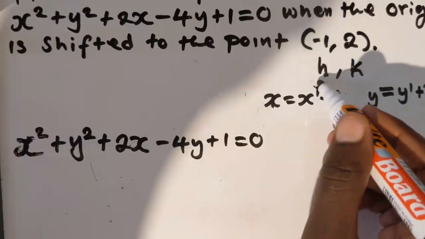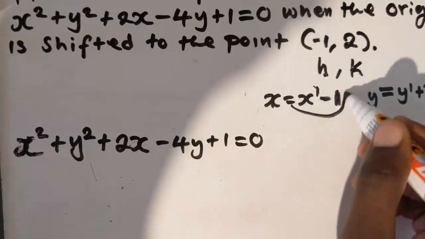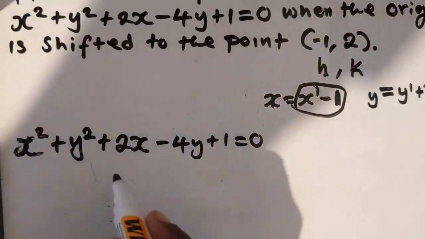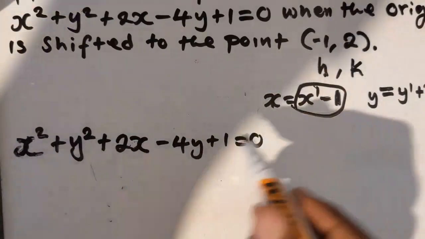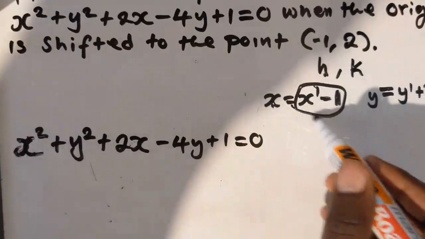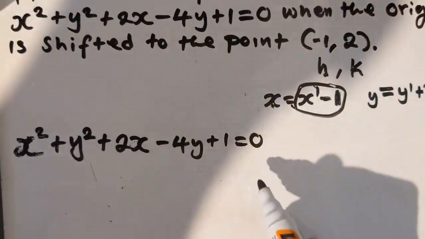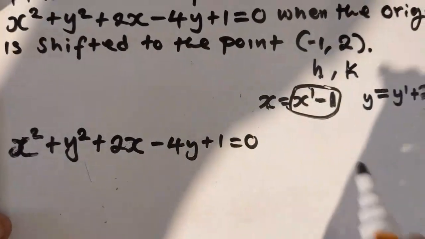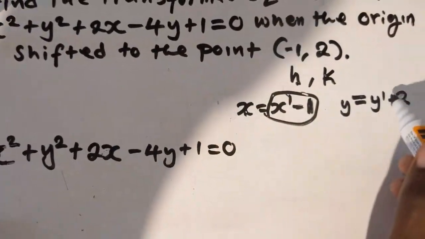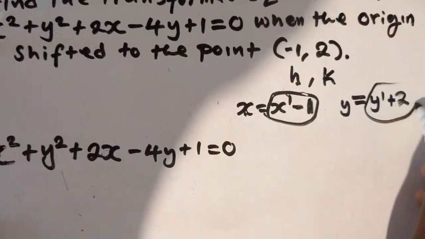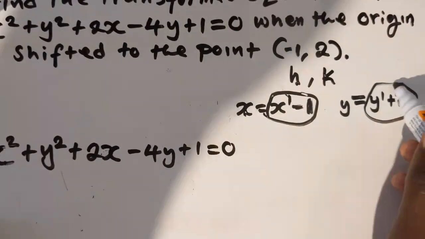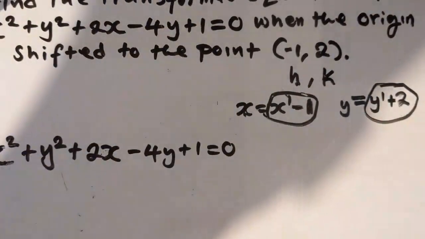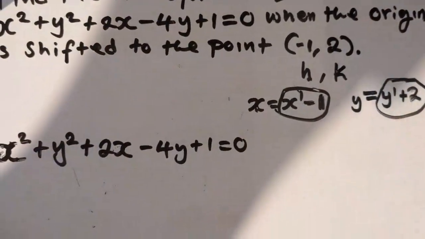So we are going to replace this value wherever we see x in this equation, we are going to substitute x by that. And wherever we see y, we are going to substitute y by this here. That is what you are supposed to do. I hope you are following the steps properly.